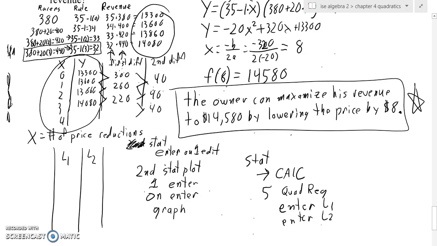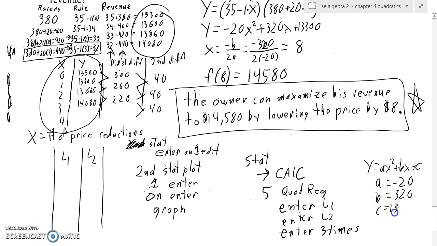Then you just hit enter 3 times for frequency list, reg EQ, and calculate. And it comes out with a y equals ax squared plus bx plus c, where a equals -20, b equals 320, and c equals 13300. Our A, B, and C from up here.